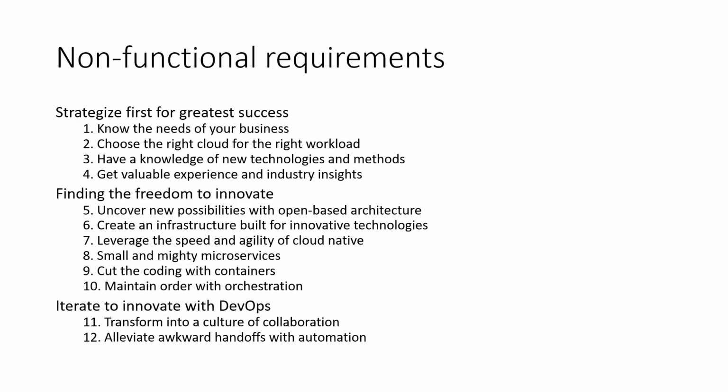In terms of point number 10, maintaining order with orchestration, you must be able to monitor, manage, and scale multiple components in your microservice architecture by using an orchestration option. These range from open source tools like Kubernetes for containers to management platforms like platform as a service; OpenShift is another example if you're going for enterprise architecture in terms of managing your application.